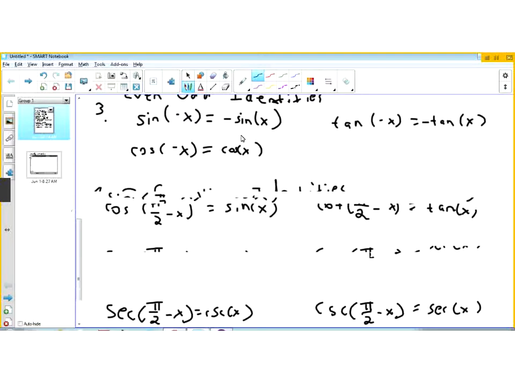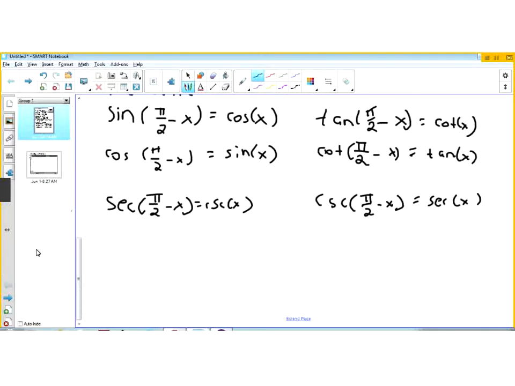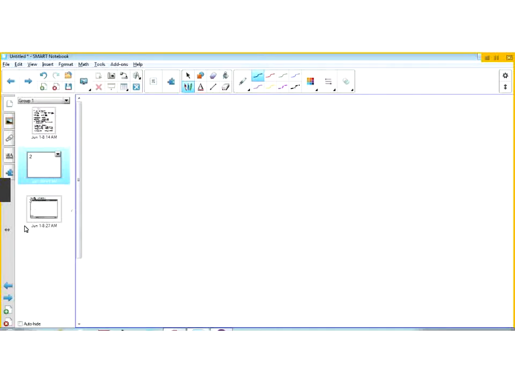Those are very important. Oftentimes we'll be asked to simplify some trigonometric relationships.